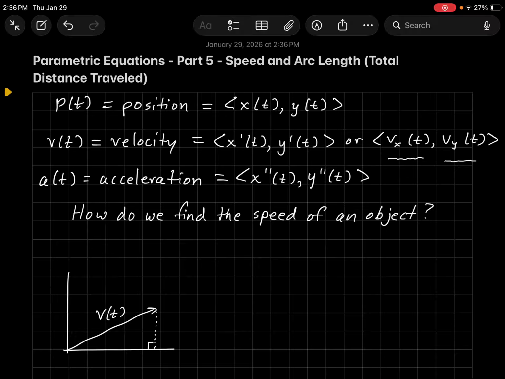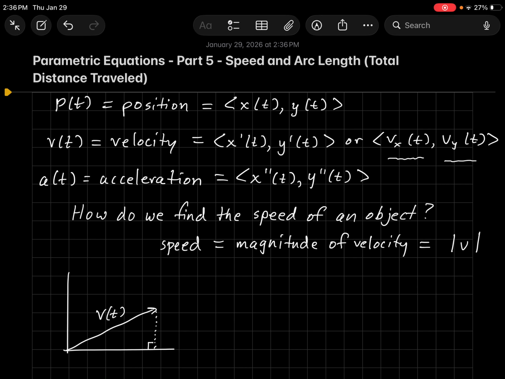So how can I find the speed of an object? Well, the speed of something is the magnitude of velocity. Here is the magnitude of our velocity vector, where magnitude is often given as absolute value.